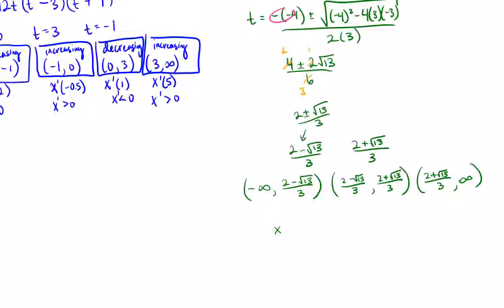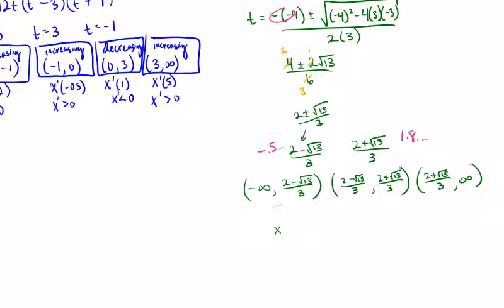This is approximately negative 0.53, and this is 1.86, etc. That's just to give you an idea of what to plug into these intervals.